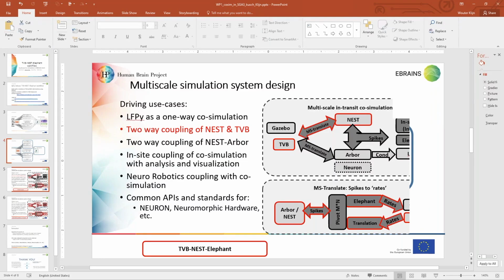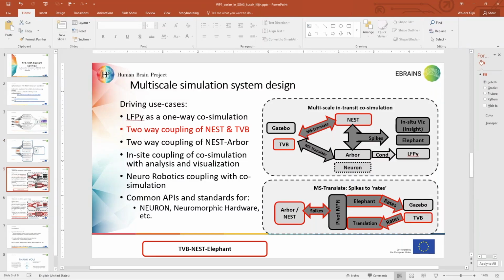I'm showing this complicated picture because it also shows you where we're going with this whole framework, because NEST and TVB are just two of the different simulators that we have in eBrains. We have a lot more tools available. We have Arbor, we have Neuron, we have Gazebo, which is the neuromorphic system. So this system has a number of use cases, which include co-simulation of TVB with Arbor, TVB with NEST, TVB with the neurorobotics platform. So this is where we're going.